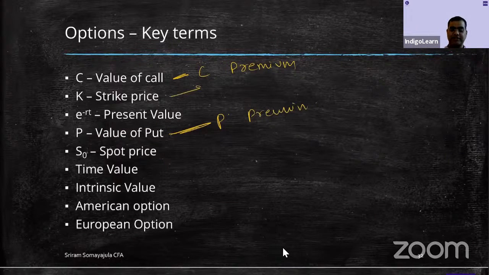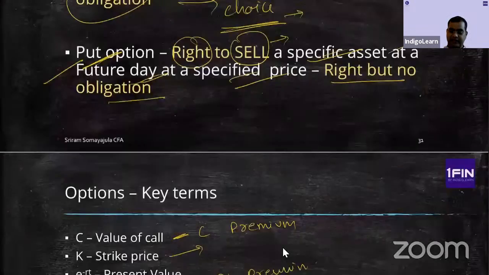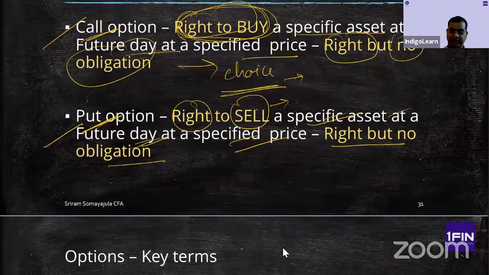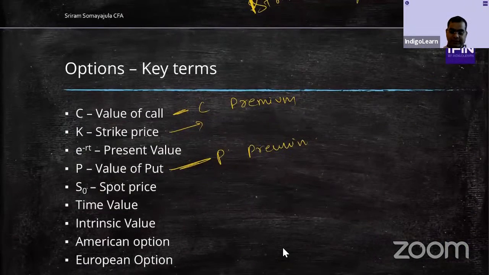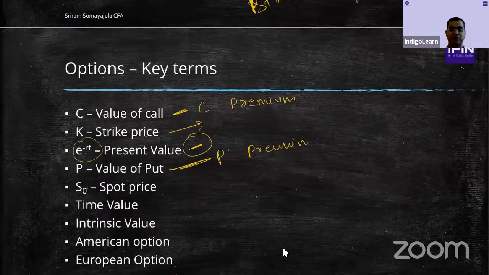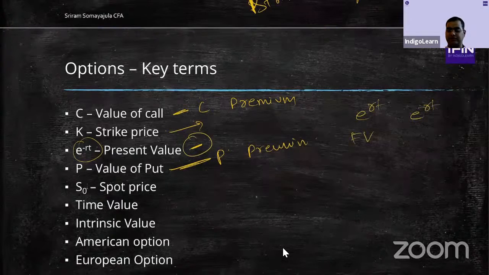Then K is something called a strike price. Strike price means, here I said, a specified asset at a future date at a specified price. This is strike price. And the strike price is denoted either by K or X. Then present value. Just like the way you have seen in future contracts, e power RT is future value, e power minus RT is present value, right?